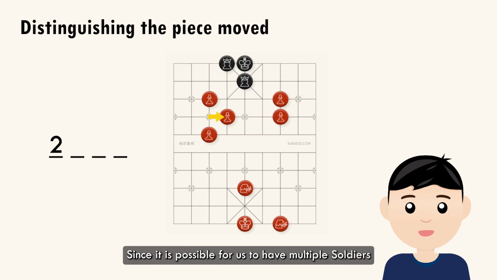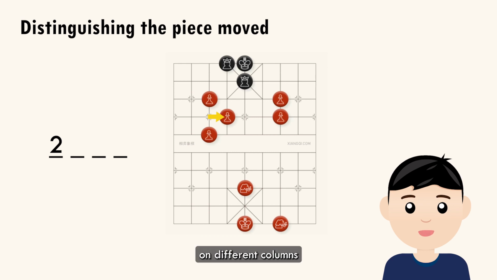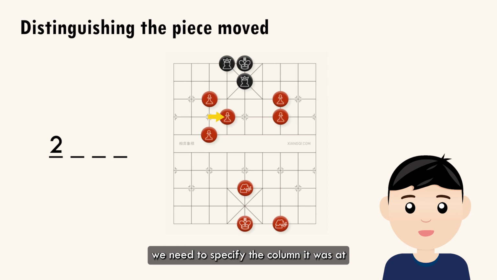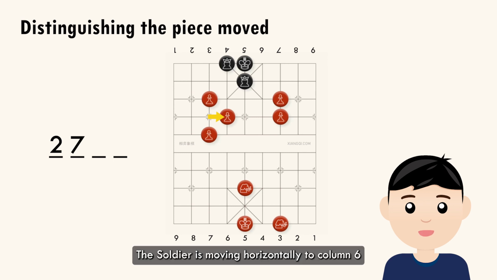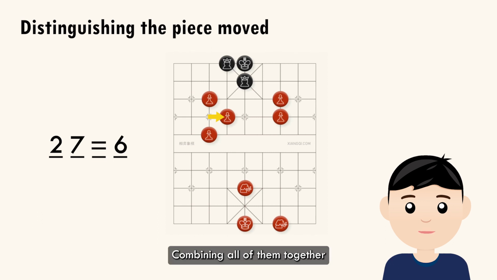Since it is possible for us to have multiple soldiers on different columns, we need to specify the column it was at. In this example, it is column 7. The soldier is moving horizontally to column 6, so the third and the fourth component would be equals 6. Combining all of them together, the complete record would be 2, 7 equals 6.